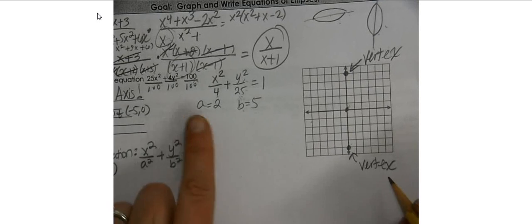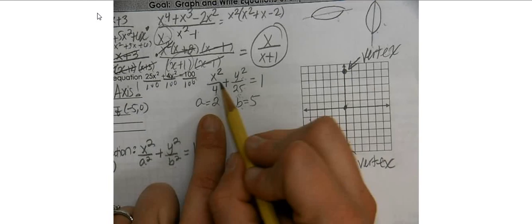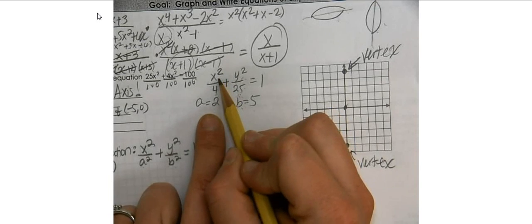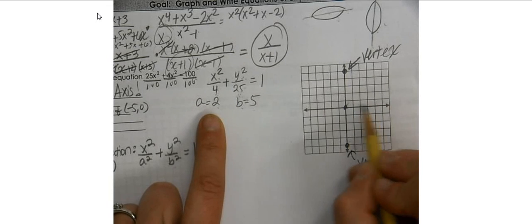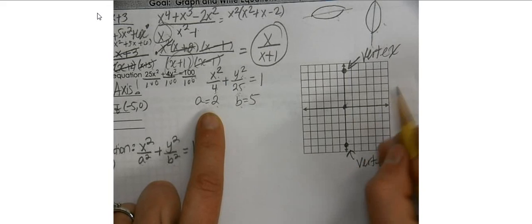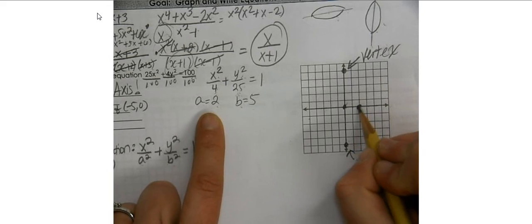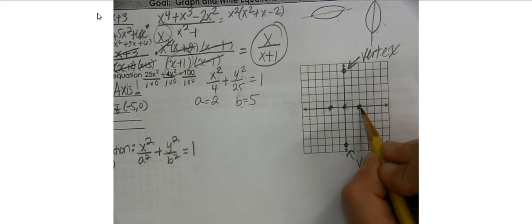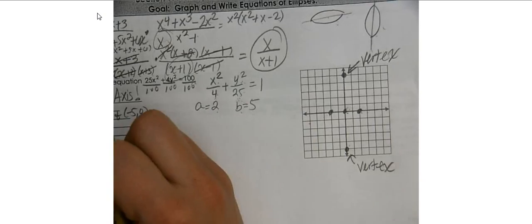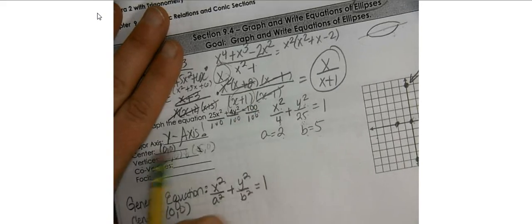Now A equaling 2, since 4 was below x squared, we're going to count starting at 0, 0 to the left and right along the x-axis. So I'm going to count 2 units to the right and 2 units to the left, 2 to the east, 2 to the west. I'm sorry, I messed up on this, excuse me.